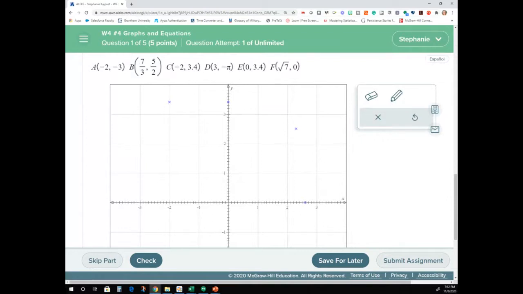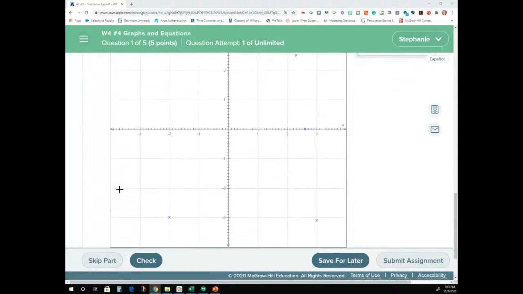So now I've plotted all of these points. This right here, I'm circling, that is in quadrant 1. This point we don't say is in a quadrant because it's on one of the axes. So we say it lies on the y-axis because it's on top of the y. This point is quadrant 2. Then if I can get this to scroll down, there we go.